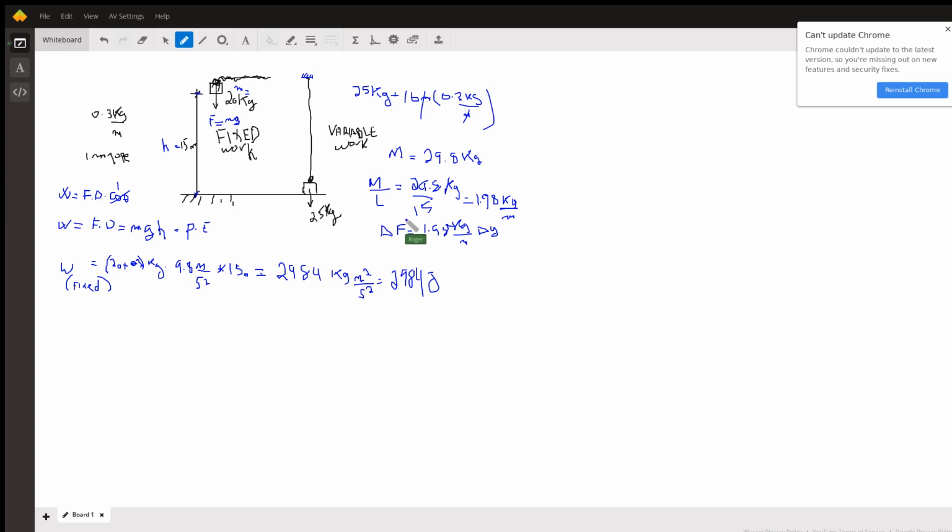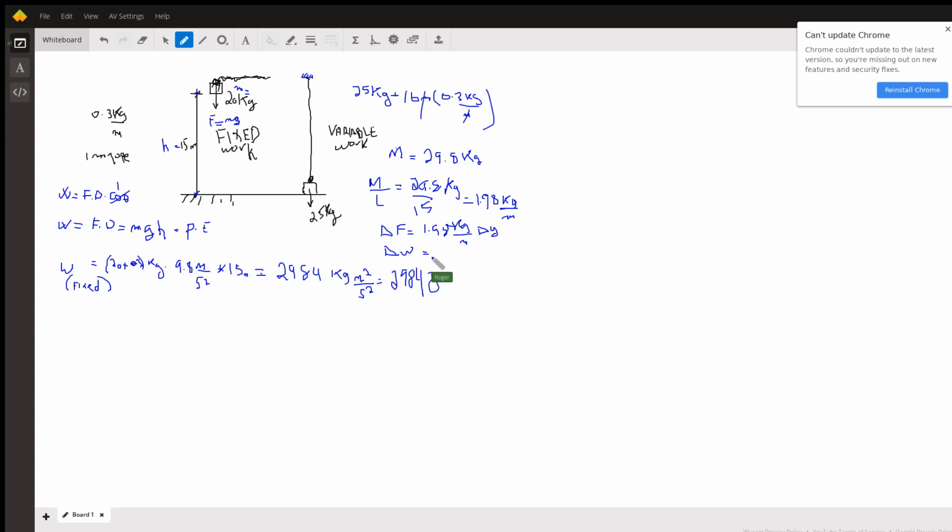Because the change in the force is equal to the weight per unit meter times the change in elevation, which is delta Y. Okay, this is very important for you to understand, so we could solve this problem. So if this is the change in the force, what would be the change in the work?